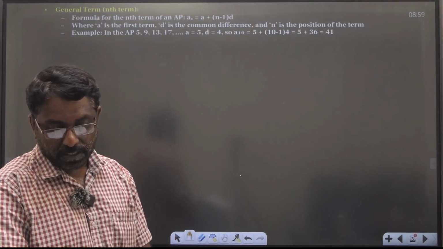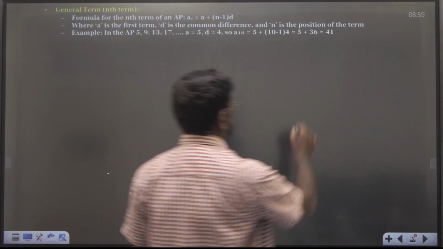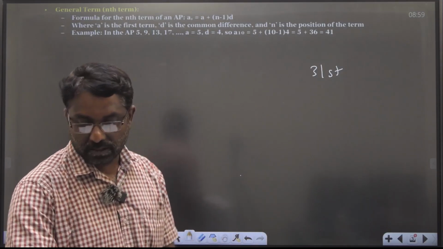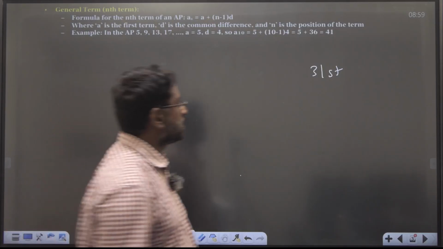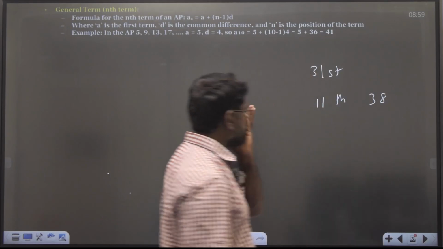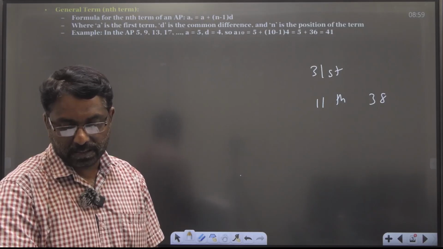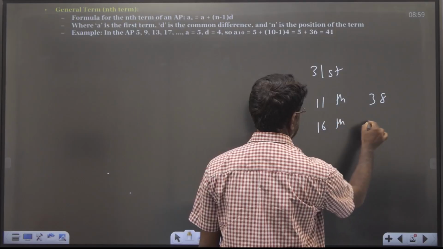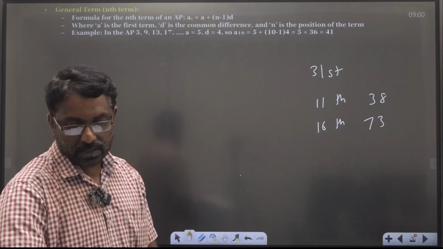Okay. Another question. Find the 31st term of an AP whose 11th term is 38 and 16th term is 73.